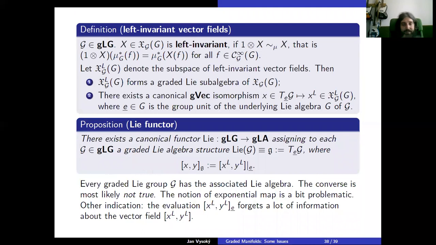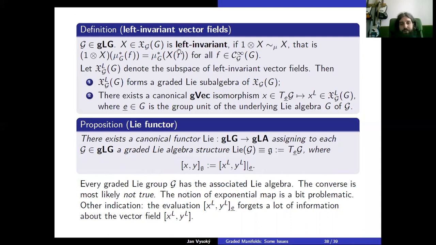And now, just the last slide, in fact. Then you have to think a bit about how to define left invariant vector fields. So I start with a Lie group, and I want to have left invariant vector fields, and it is not completely obvious how to do it, but you can do it.